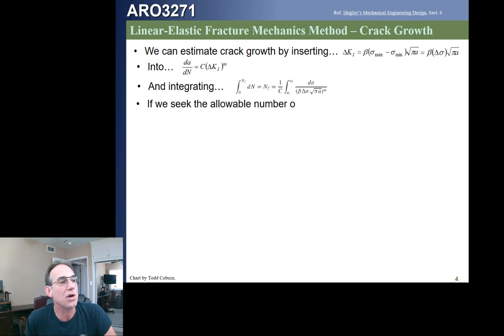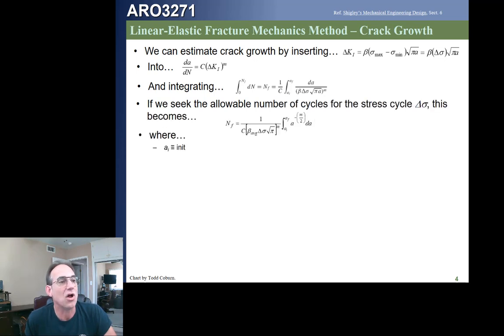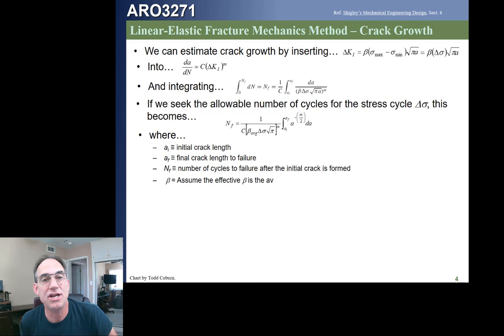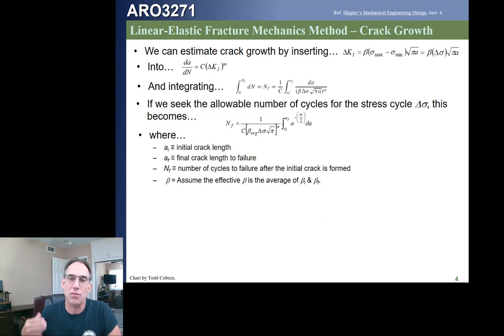If we integrate as shown there, then we can find the number of cycles by just solving that, which gives us this equation, which means if we have M and our change in stress and our beta, and because beta is actually a function of this change, normally we can't remove beta from the integral, right? Because beta is changing as the crack length is changing. Both the A is changing and the beta is changing.